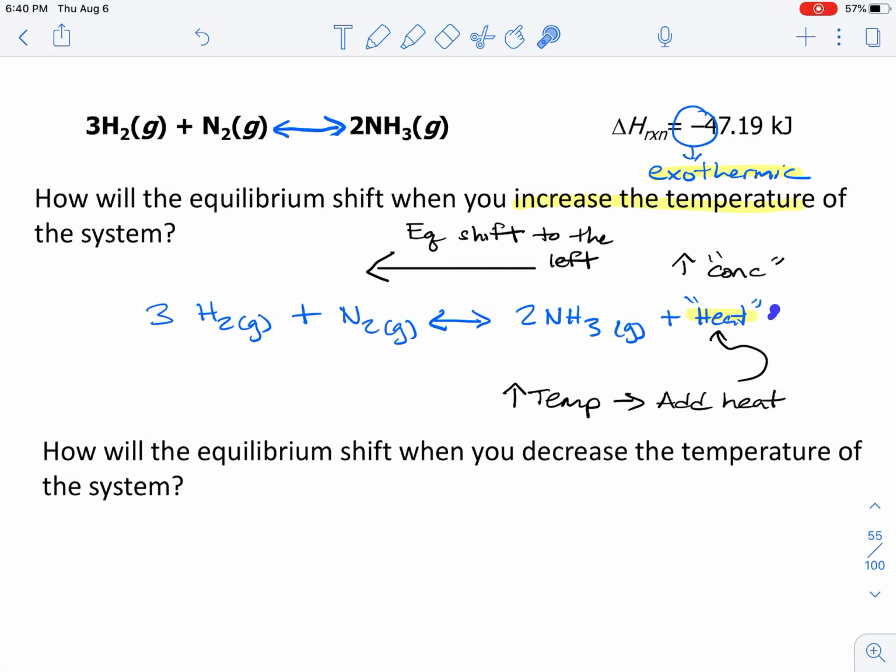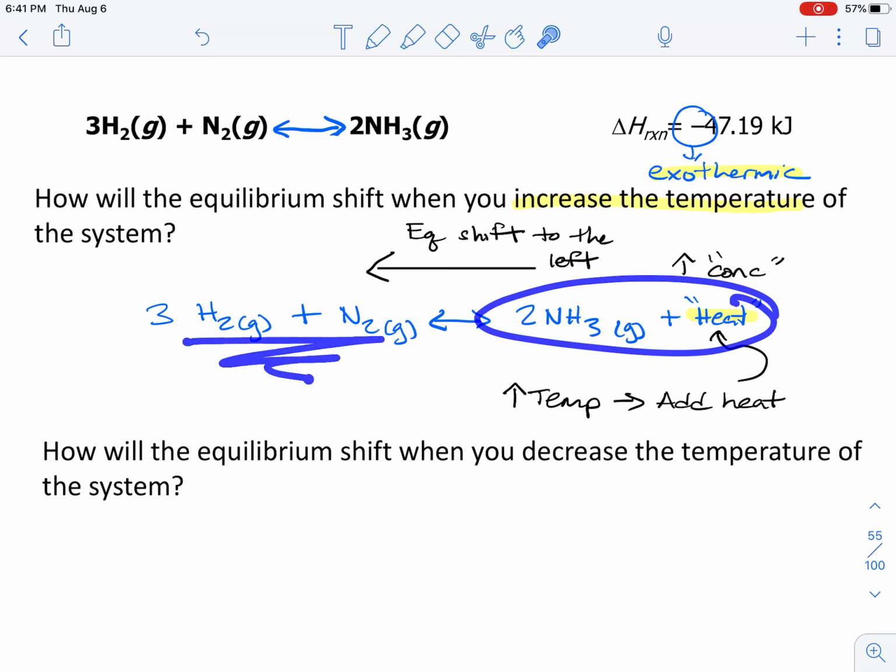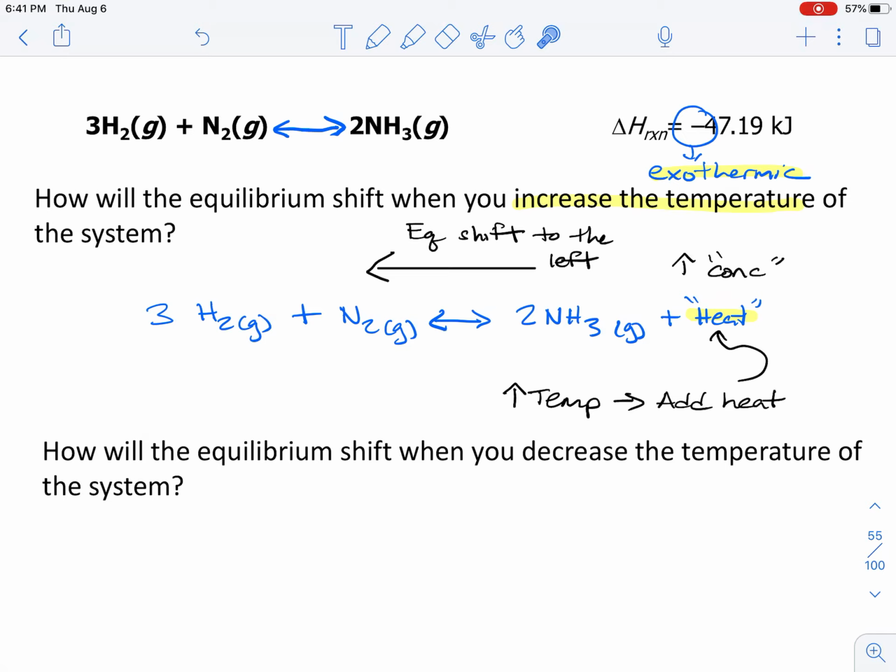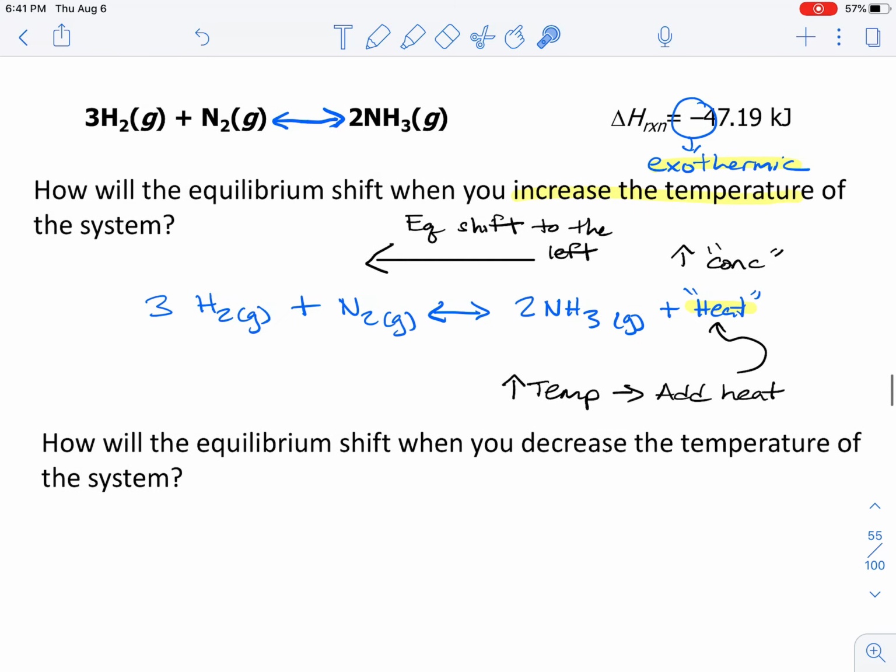And the only way to consume the substance that's added, since heat is a product, is if we consume product to make more reactants. And so at the new equilibrium, there should be more reactants than there are products. So therefore, there's an overall shift in equilibrium favoring the production of reactants. So there's a shift to the left.